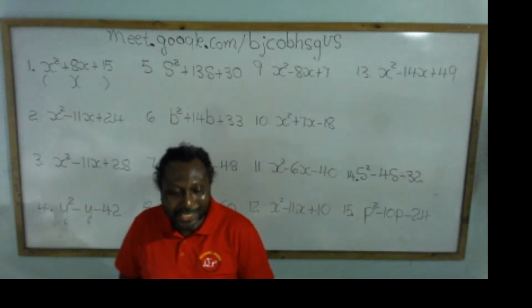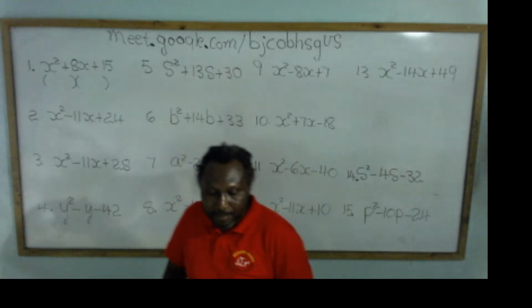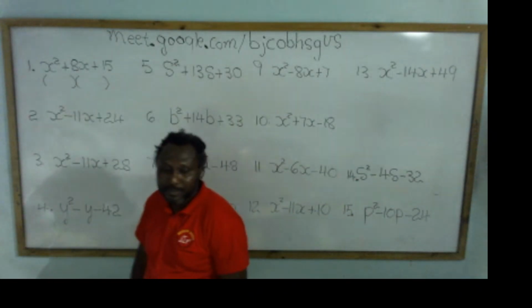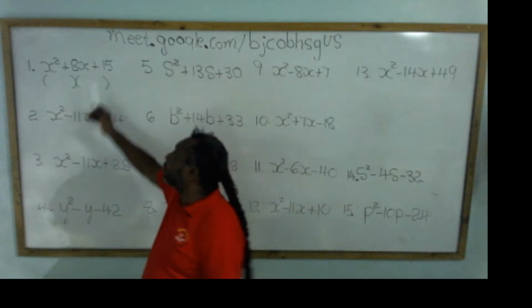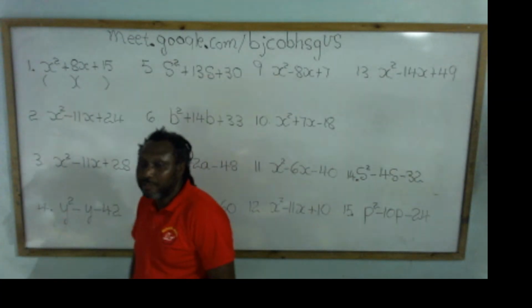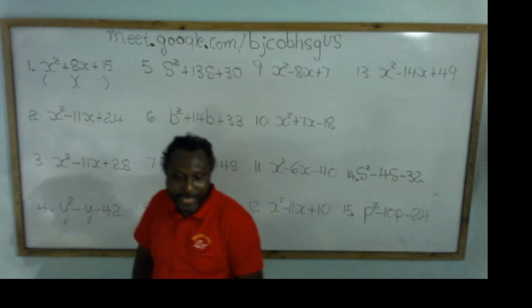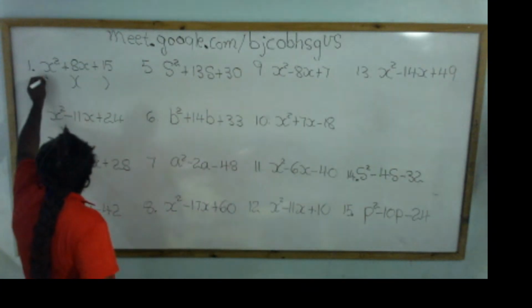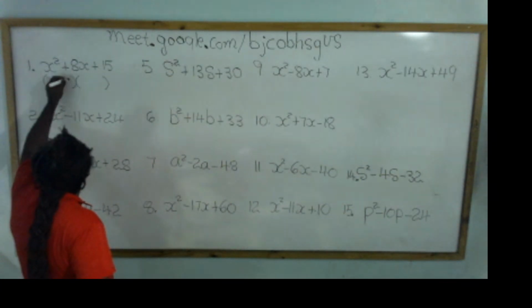I want to give you a shot at it first. Sorry, multiply to give a product of 15. When you multiply them, the result is 15. When you add them, the result is 8. So we have a 5 and a 3. So all that you need here is x plus 5, x plus 3.